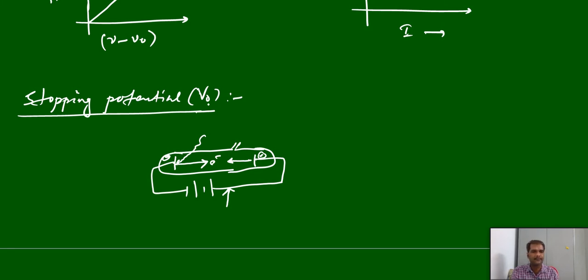That is called the stopping potential. Here the stopping potential is almost equal to the kinetic energy. Whatever kinetic energy the electron has, if you apply that much potential oppositely, the electron cannot move further.